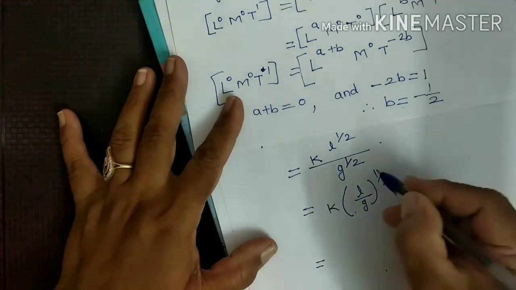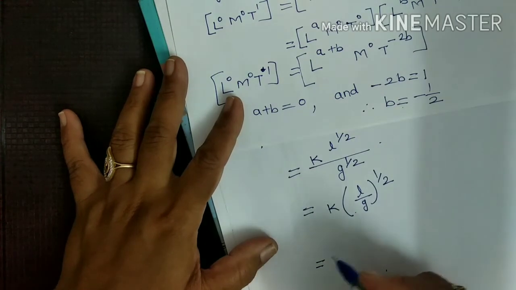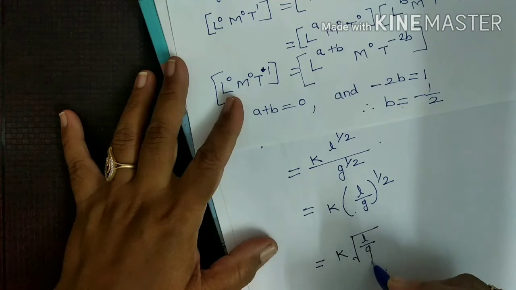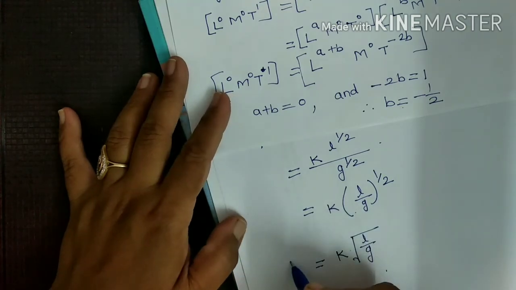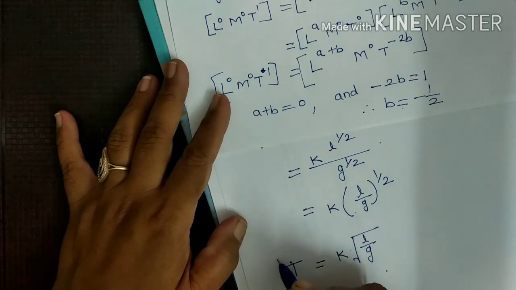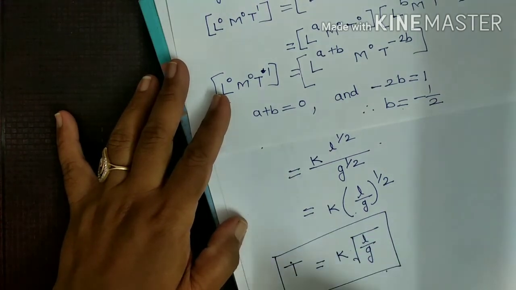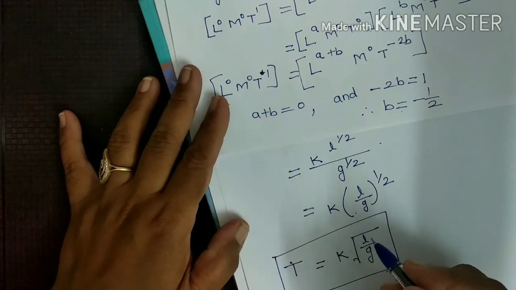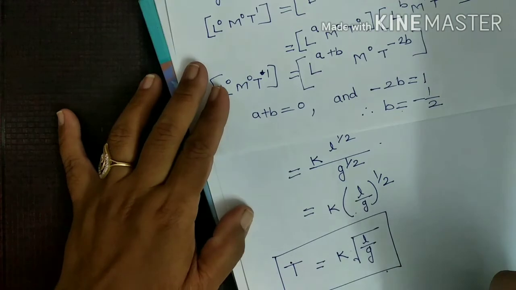When the power is 1/2, we put the value under root, that is k into under root of L by g. So T is equal to k into under root of L upon g. This is the equation for the time period of a simple pendulum.